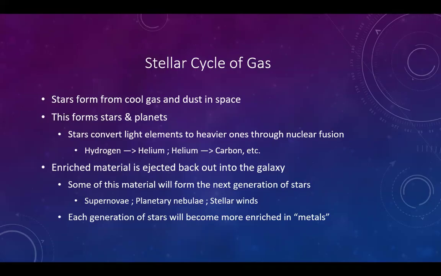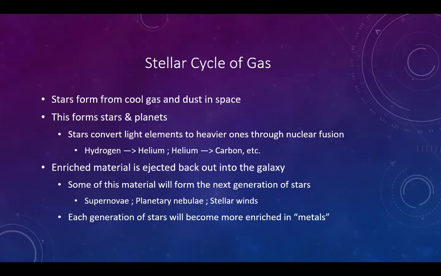Now there are a few elements that get skipped over in this process. You'll notice it goes from helium to carbon. It skips a few elements there. And then it actually goes every other element, generally. So there are more even elements than odd elements out in the universe.